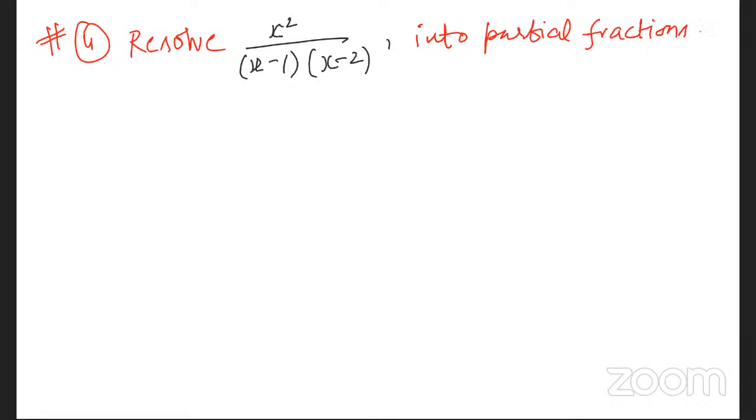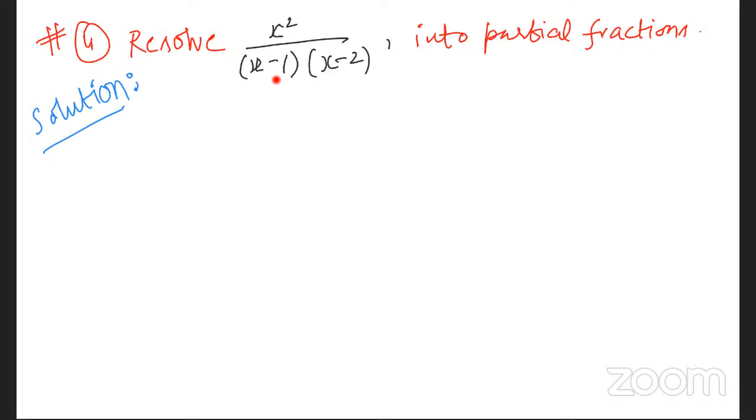Now let us see the solution for this one. If you look at this rational fraction, first you have to check whether it is a proper rational fraction or improper rational fraction, isn't it? The degree of numerator is 2, and if you multiply these and resolve, you are going to get a quadratic expression, and the degree is 2. The degree of numerator is equals to degree of denominator.